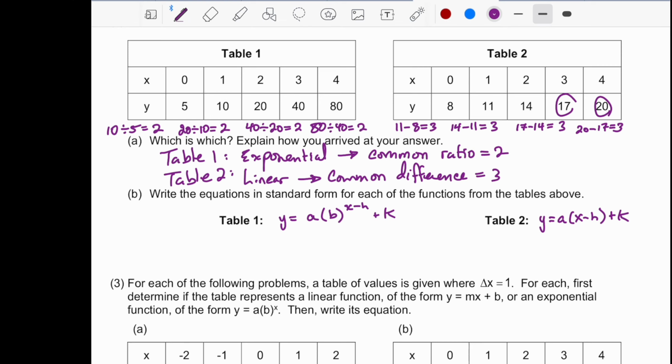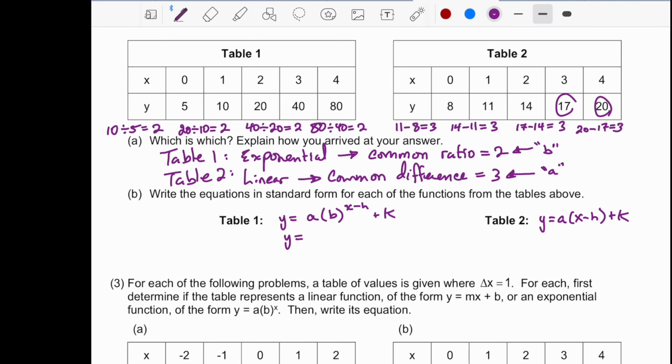So if we can get a sense of any kind of stretching or shrinking, translations, then we can piece together what the function is going to be. That being said, the common ratio is the b value. The common difference is the slope, which in the appropriate equation would be the a value. So we have what we need there.